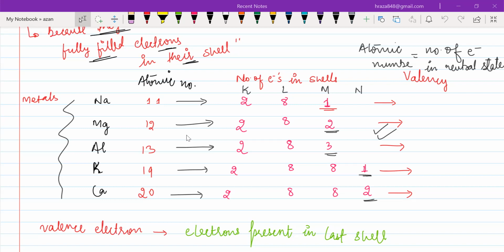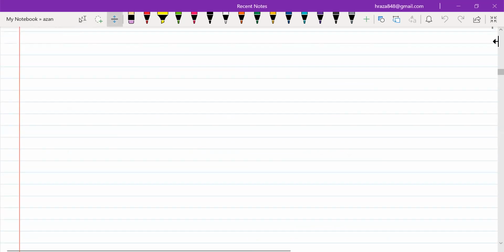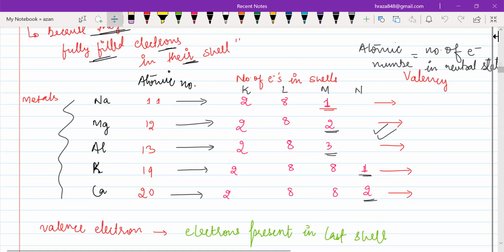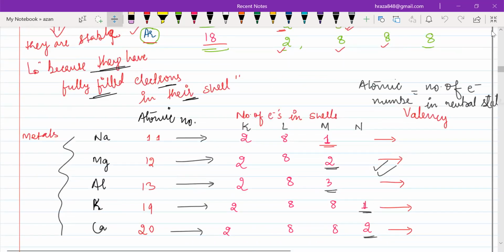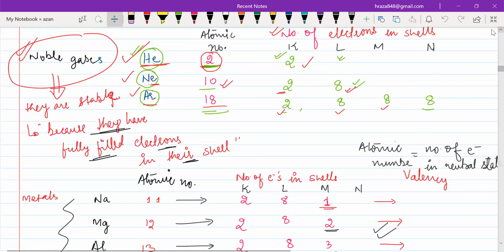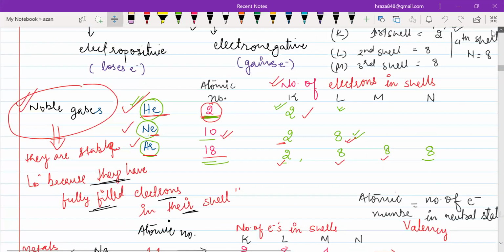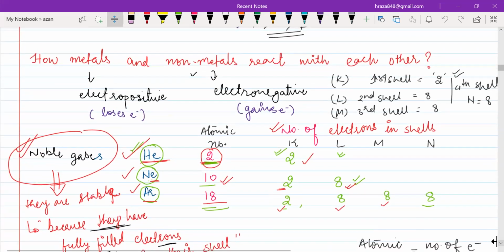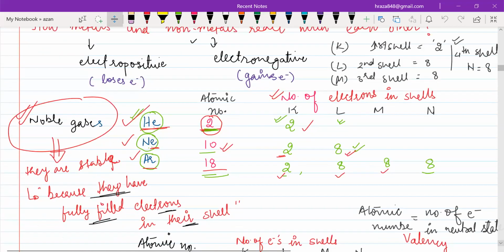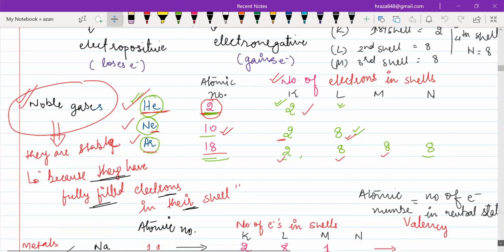So basically in the last class, we had studied about the electronic configuration. Basically, we were studying about how metals and non-metals react, in which I started a topic that is basically the electronic configuration of metals and non-metals.